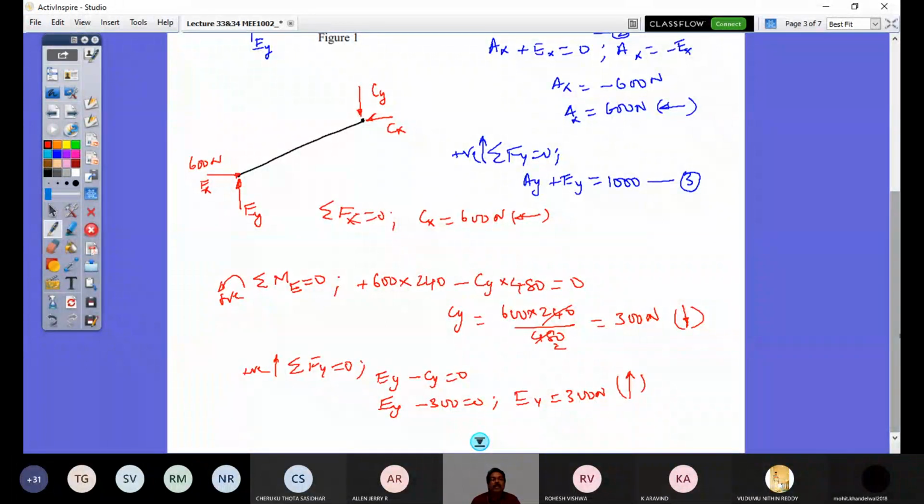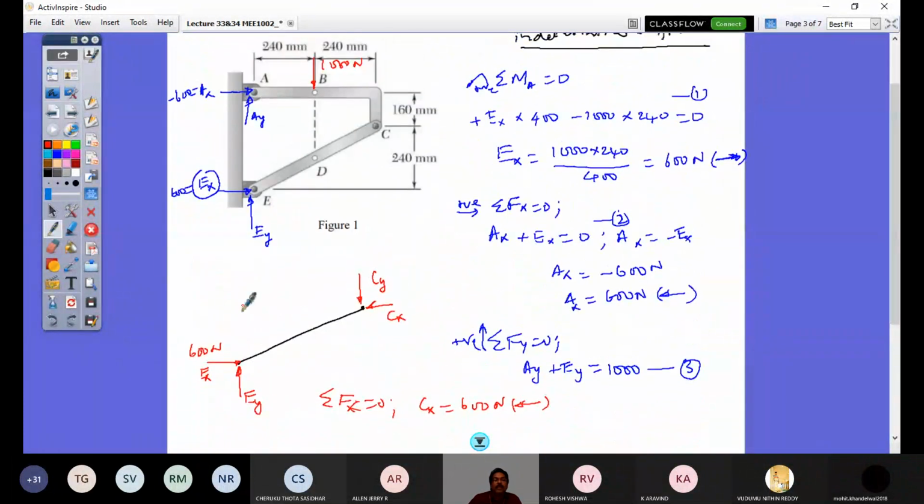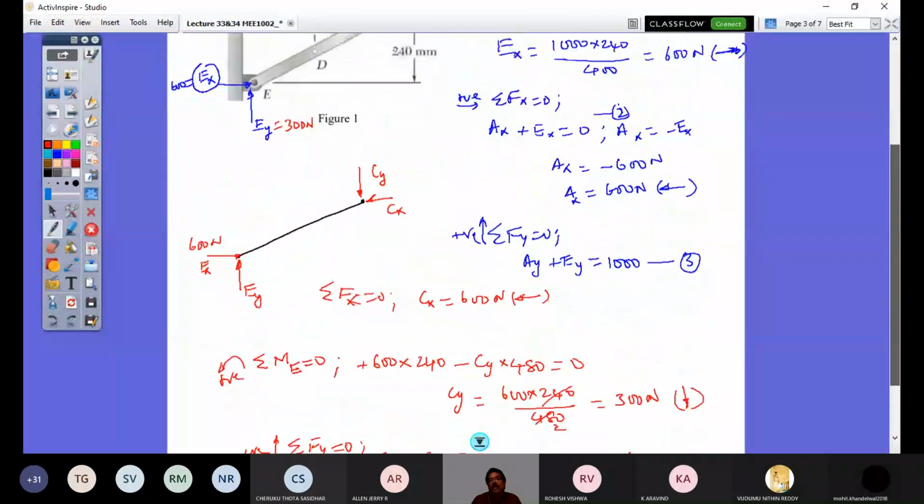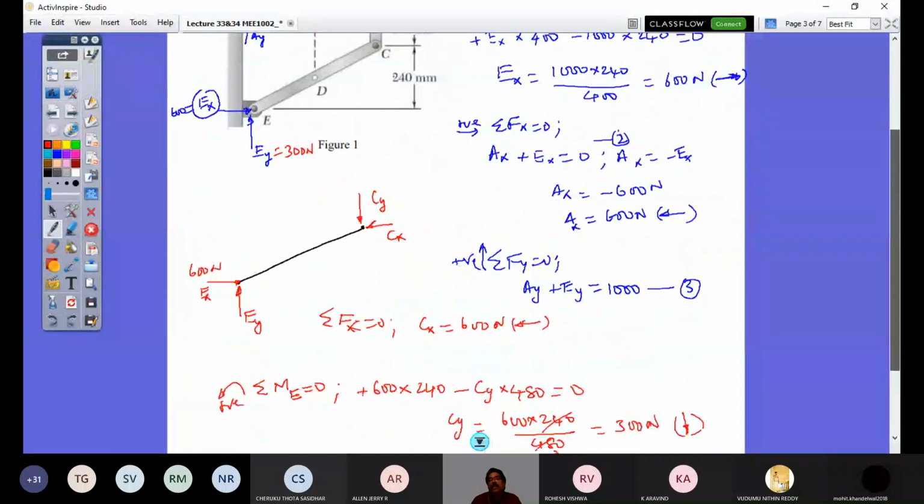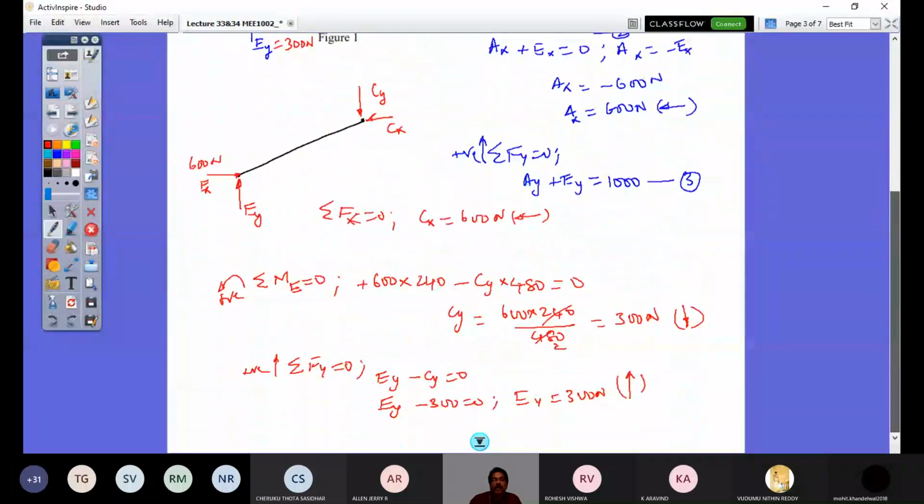So the answer here is this Ey is 300 Newton, and Ay now can be obtained how? Ay can be obtained now from this equation 3. So when I say equation 3, I have to go back to this entire frame free body diagram.